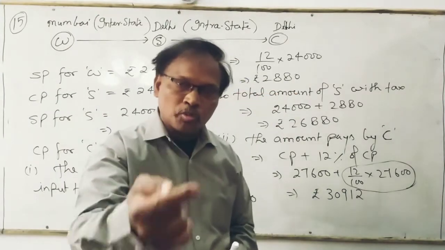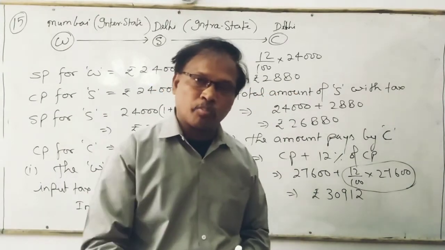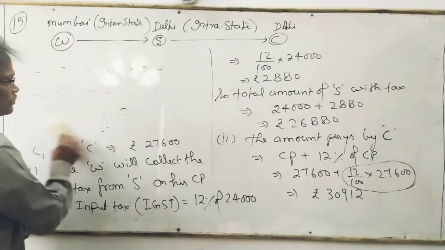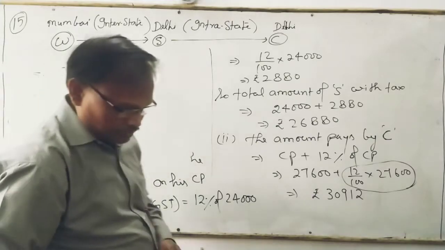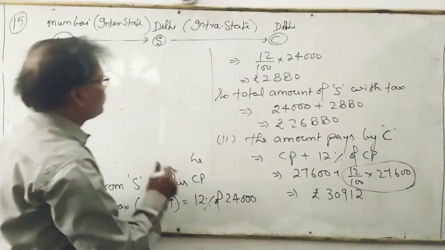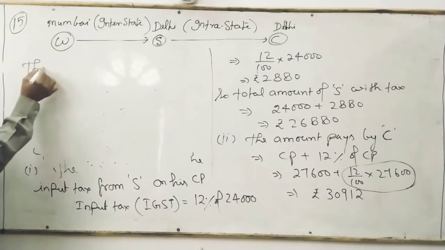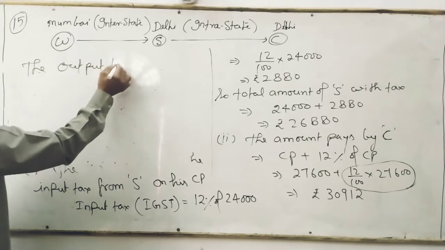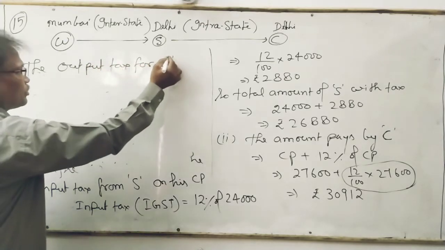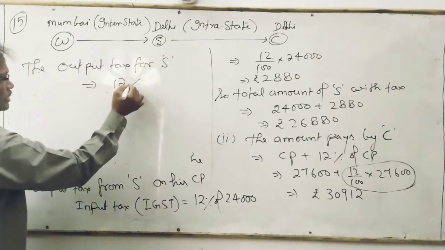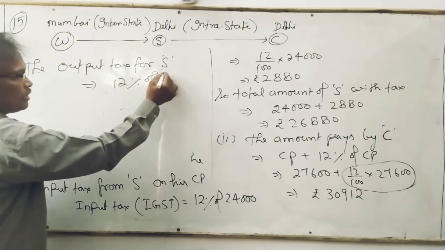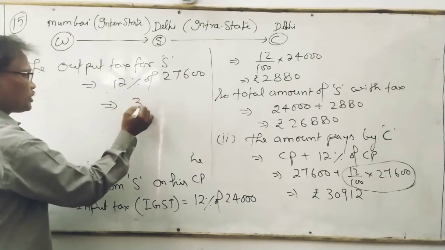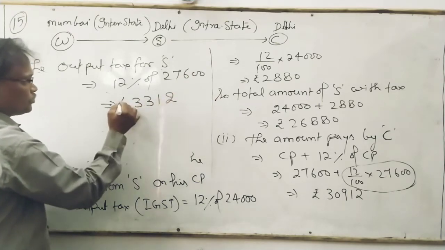Now you find the output tax taken by the shopkeeper from the consumer. So you can find the output tax for the shopkeeper is equal to 12% of 27600, and this is equal to 3312.